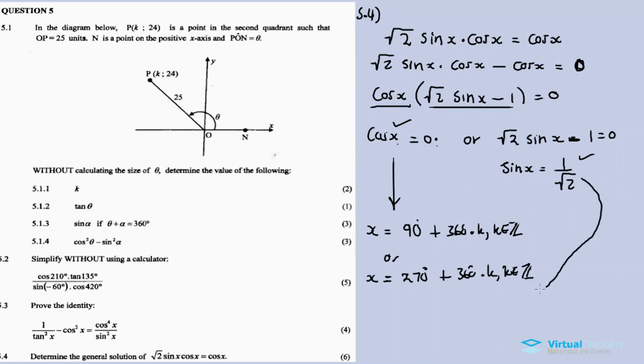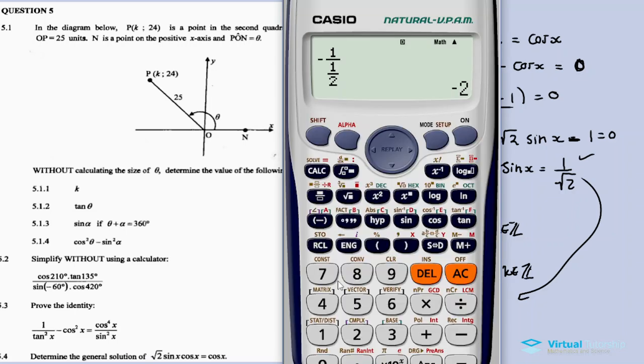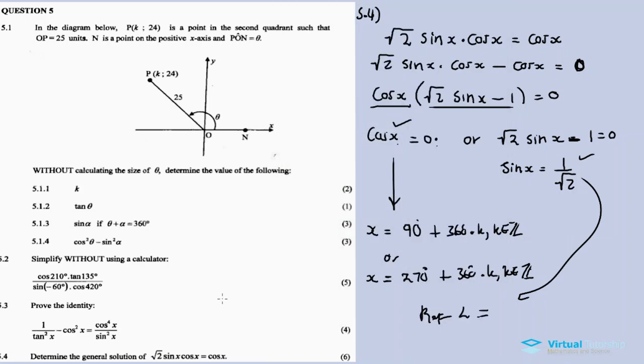Then here I can find my reference angle. The reference angle is equal to, let's calculate, 1 over square root 2. Shift sine, it's 45 degrees, right? It's 45 degrees, and it is positive, so it's going to be 45 degrees here. So where do we find the first one?